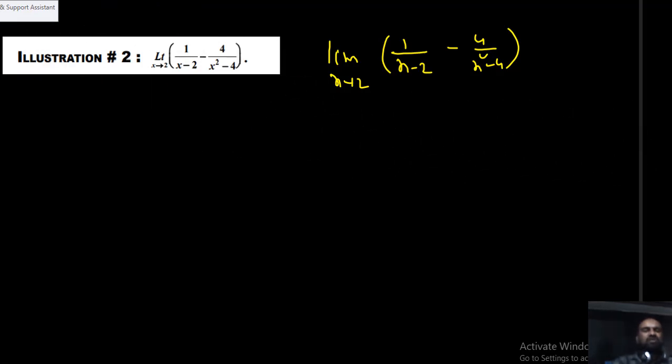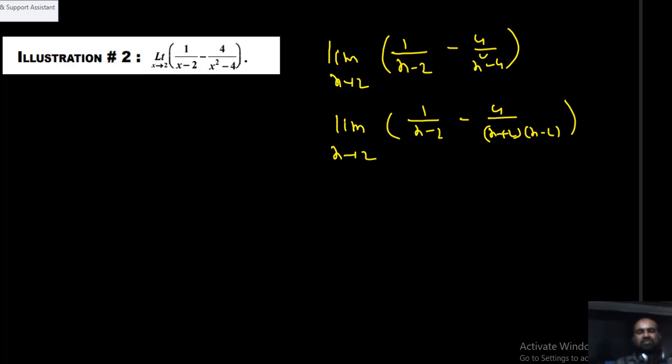Okay, so you need to use another method, either factorization or anything, but at this stage I am using the factorization method. So here what I can say, this is 1 by x minus 2 minus 4 by x plus 2 into x minus 2, x is tending to 2. So students, listen, limiting value, here I can take x plus 2 into x minus 2 as LCM.